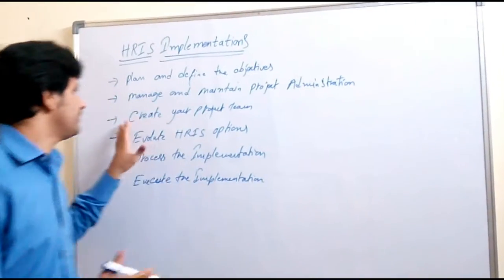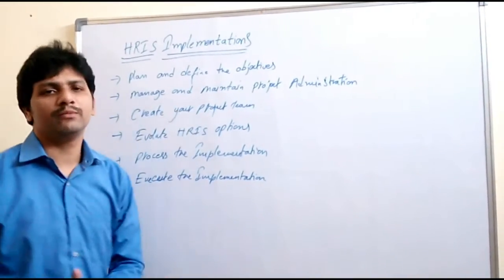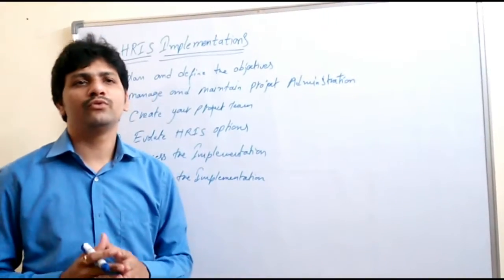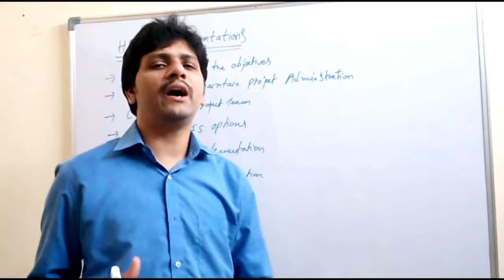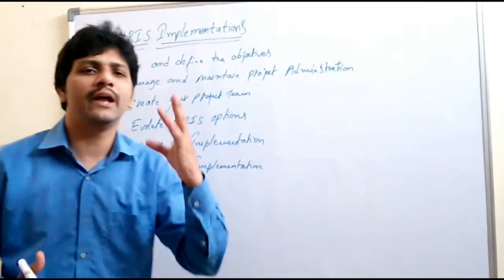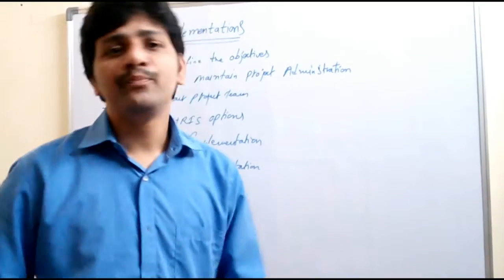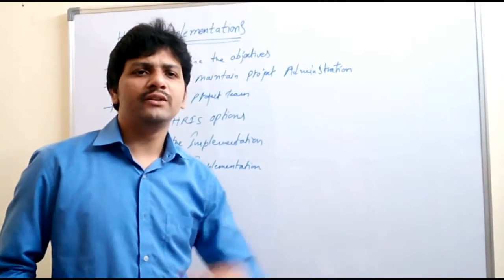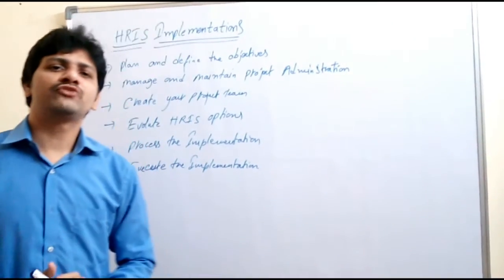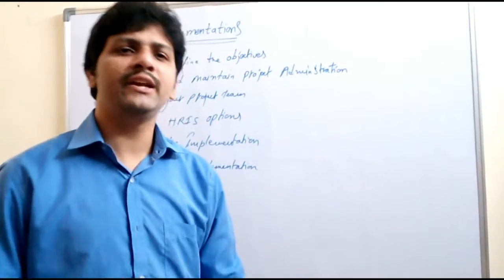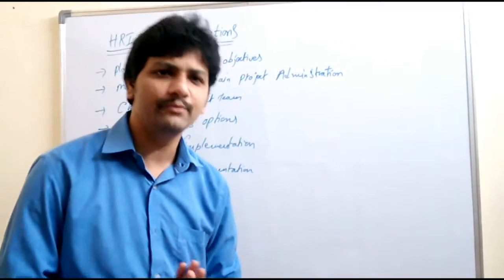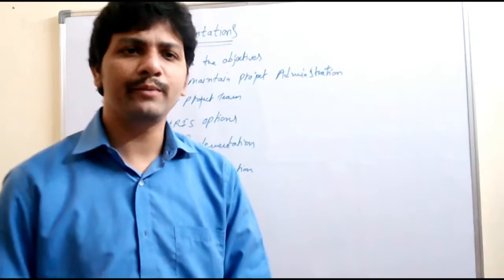In the next step we need to create the project team. As I already said, there will be different hierarchies: top level, middle level and bottom level people. There will be several departments: a software analysis team, a software designing team, a software development team, a software testing team and a software deployment team.